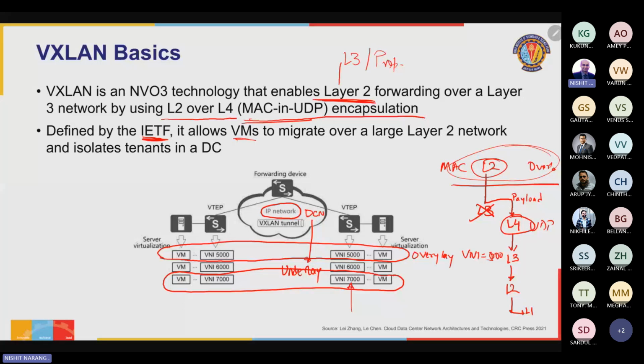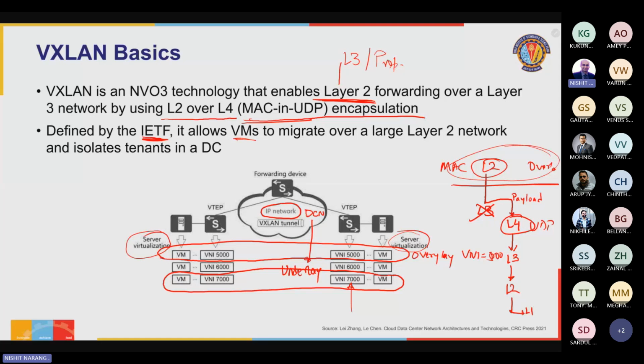Okay? So as you can see, these VMs are spawned using server virtualization. I have a hypervisor sitting on that server, which supports multiple VMs. But 2 VMs on 2 different physical servers can be part of the same overlay network. This is what we expect.